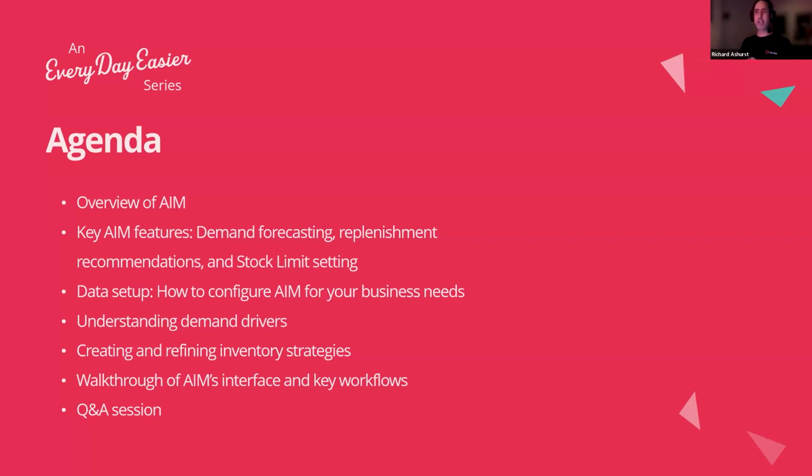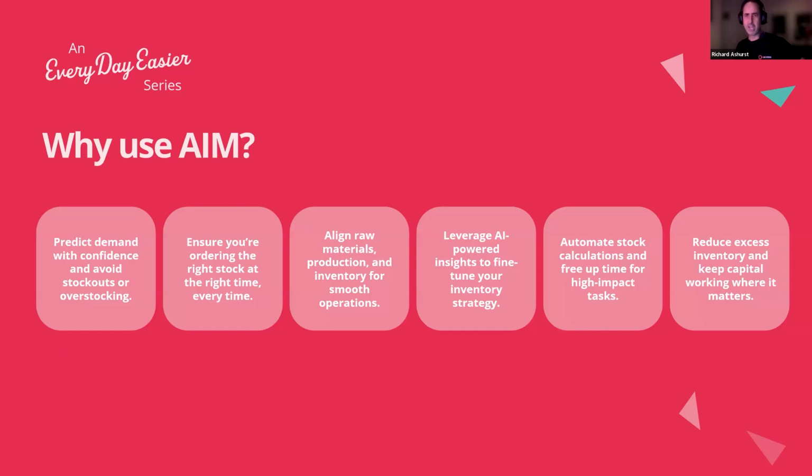Brilliant. So the first thing that we'll look at is really around why you would use AIM. Well, with Unleashed, it's a very good system for running your business. It creates transactions. It can measure a lot of things and help you report on how your business is performing and help you run that business.